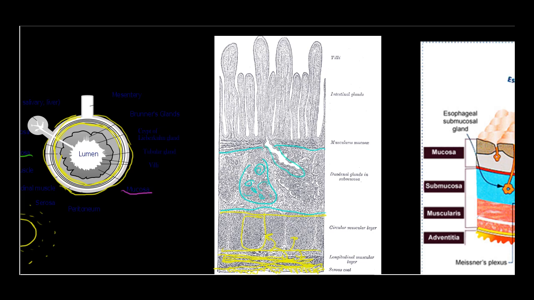Or a crypt. In the submucosal layer, we also see blood vessels, lymphatic vessels, and the submucosal nerve plexus.